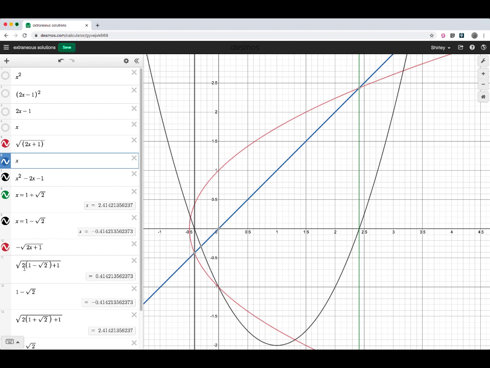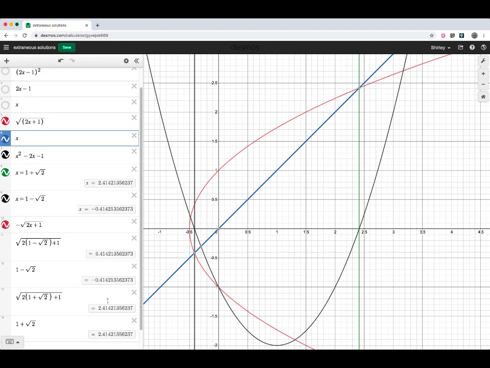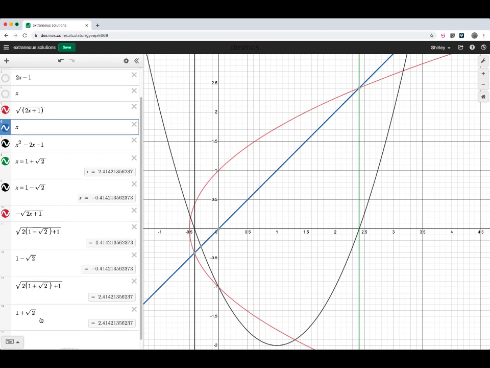I compute radical 2 times 1 minus square root of 2 plus 1, and I get 0.4142, and so on. How does that differ from 1 minus radical 2? Just by a sign. And then this computation shows that indeed 1 plus radical 2 is a solution of the original equation.